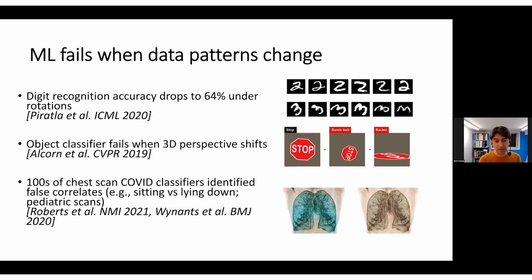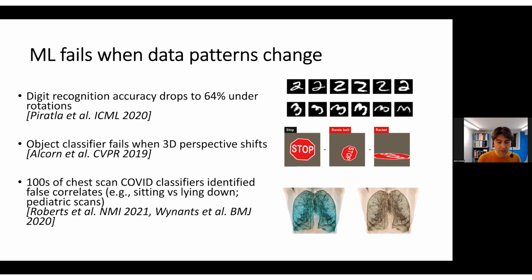We see that the same thing happens in object classification when we see a 3D perspective shift. We as humans can take a look at the stop sign at different angles and recognize it each time, but a classifier that doesn't know to look for this makes really silly mistakes.